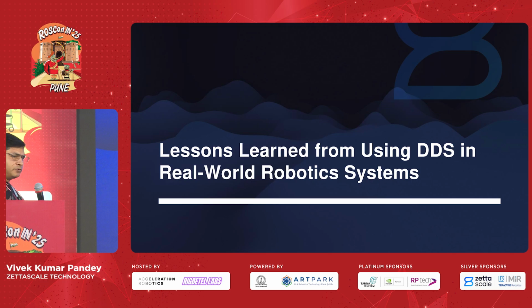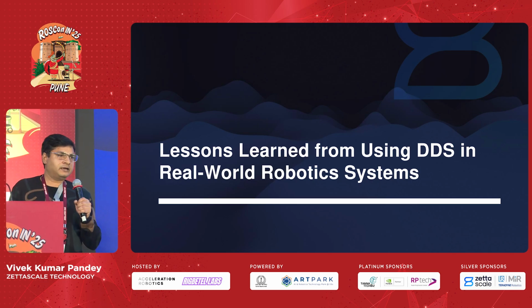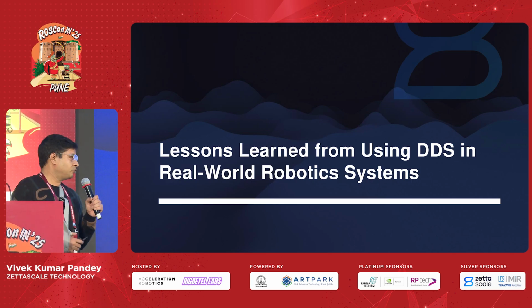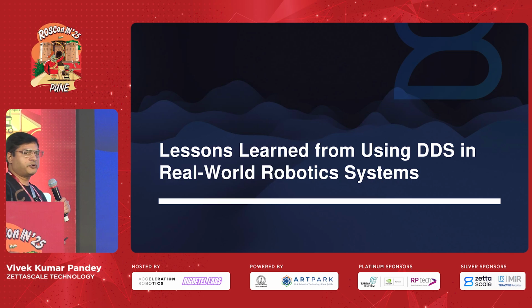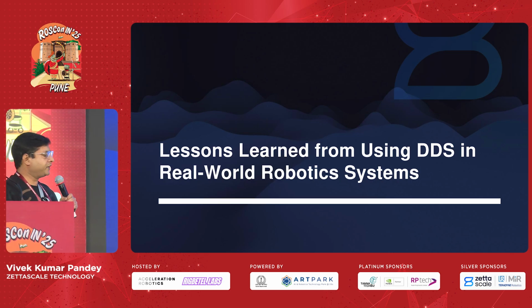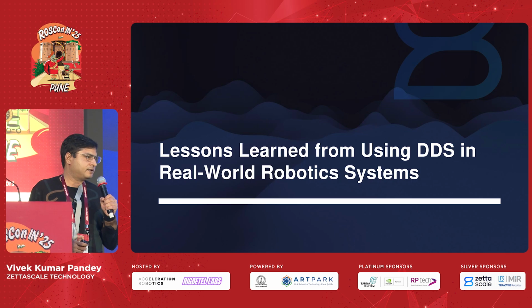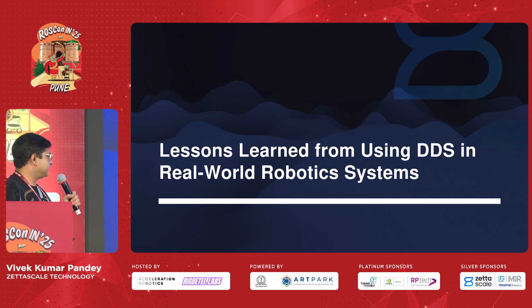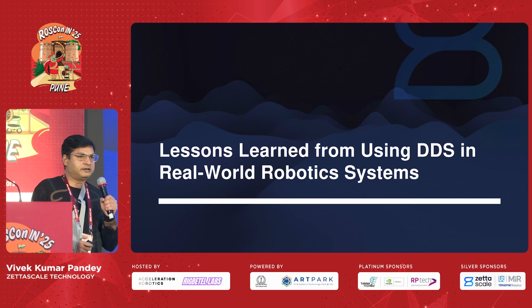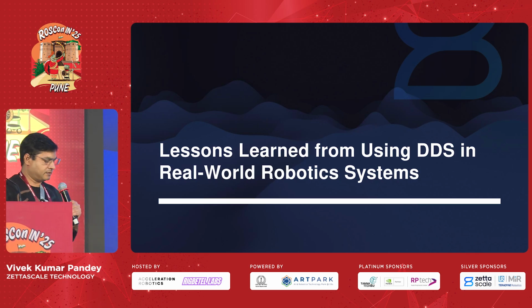So I would like to tell a story. One of our customers adopted DDS for their robot communication. During development and lab testing, everything worked well. The system passed the functional test, simulation, and initial testing.